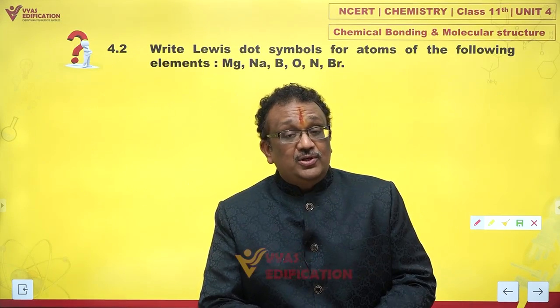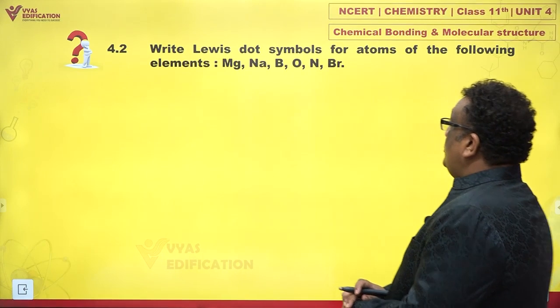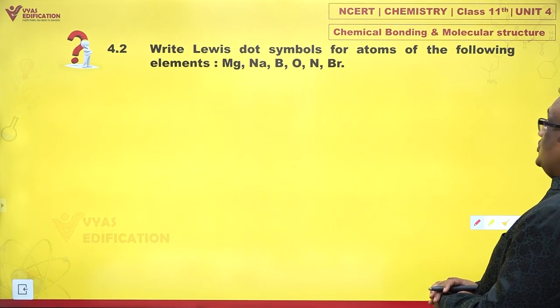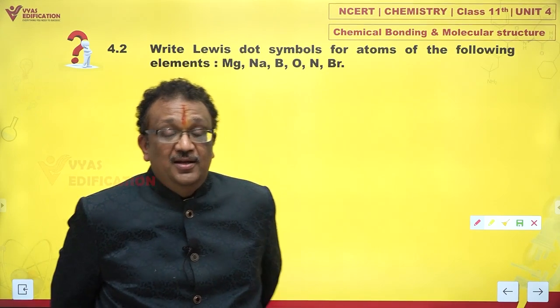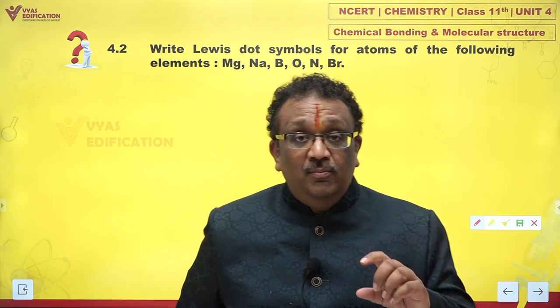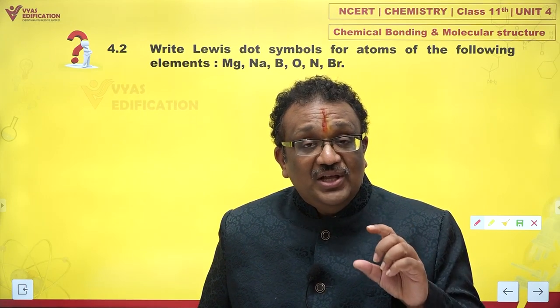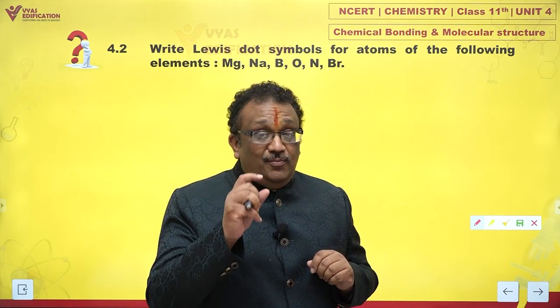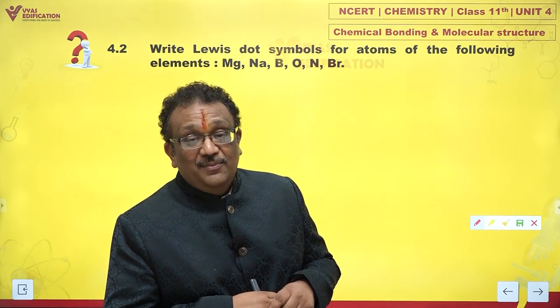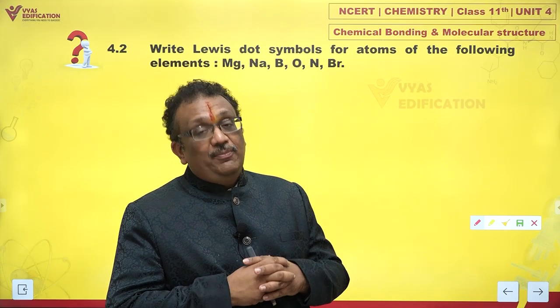That's it. Question number 2 says, write Lewis dot symbols for atoms of the following elements. Lewis dot symbols mean that you are supposed to write down the atom along with the valence electrons. The number of valence electrons depends upon which group they belong to.